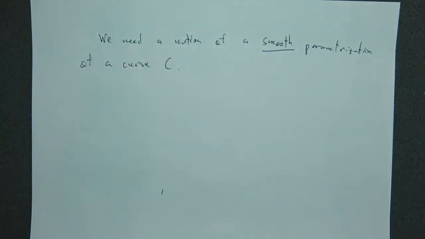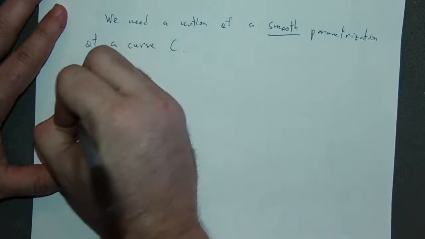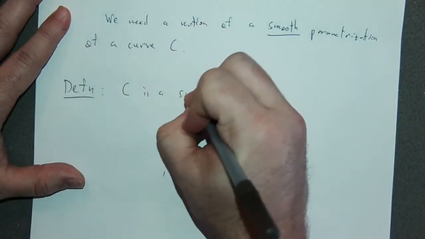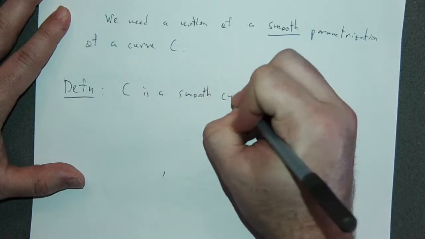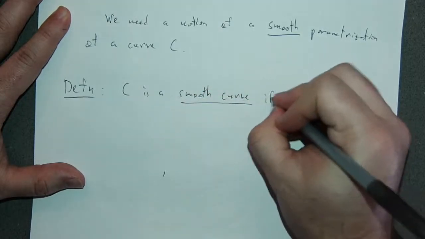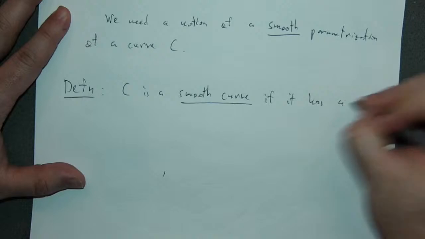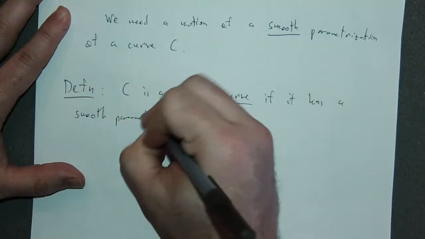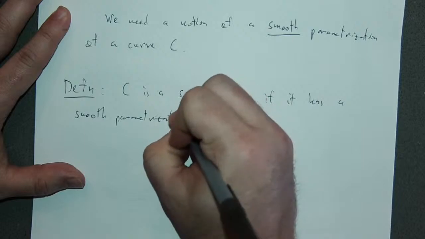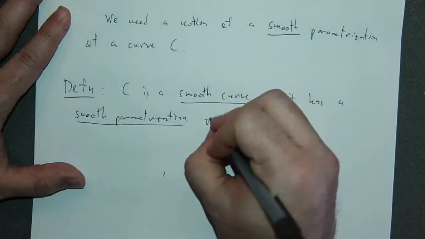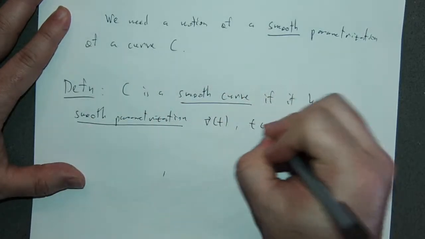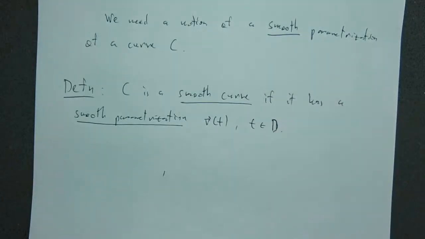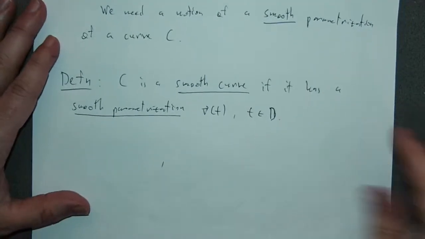Okay, and so there's two parts to this definition. So the definition is C is a smooth curve if it has a smooth parameterization r of t, where t is in some set D. All right.